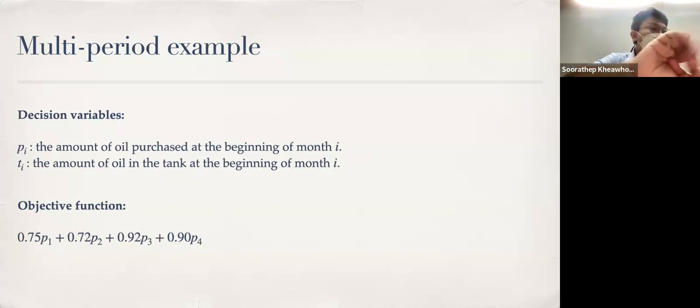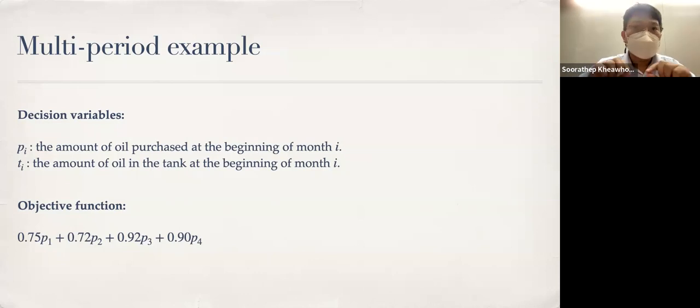So we have P1, P2, P3, and P4. In short, we call it Pi, where i ranges from 1 to 4. So actually we have 4 variables involved, but we write it as a vector P.